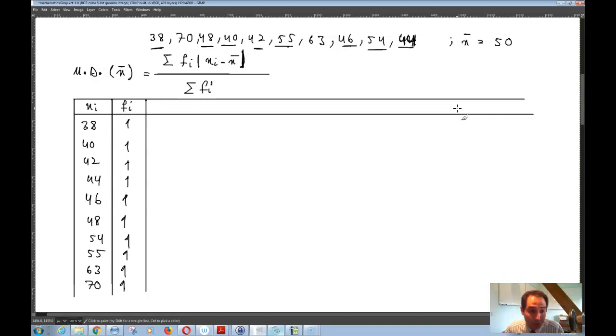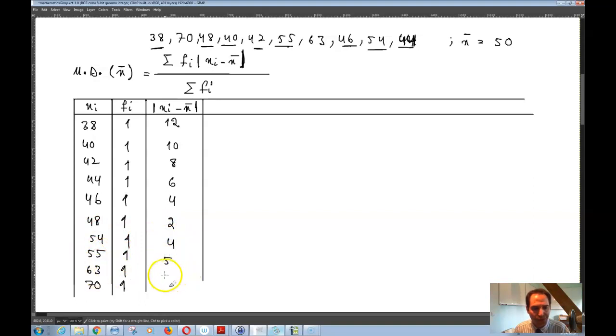Now if your x bar is equal to 50, then you can calculate x of i minus x bar and take the absolute value of that. For example, 38 minus 50 is equal to negative 12, so you'll get 12, 10, 8, 6, 4, 2, 4, 5, 13, and 20.